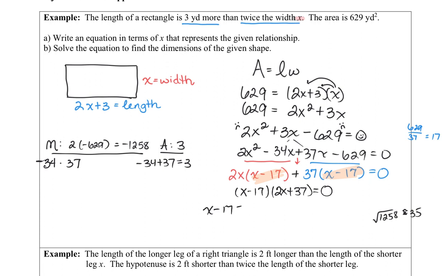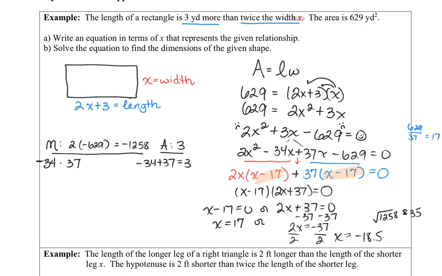Either x minus 17 equals 0 or 2x plus 37 equals 0. Adding 17 to both sides gives me x equals 17, or if I subtract 37, I'll have 2x equals negative 37 and then divide by 2. So x equals, let's see, 37 divided by 2, that's negative 18.5.